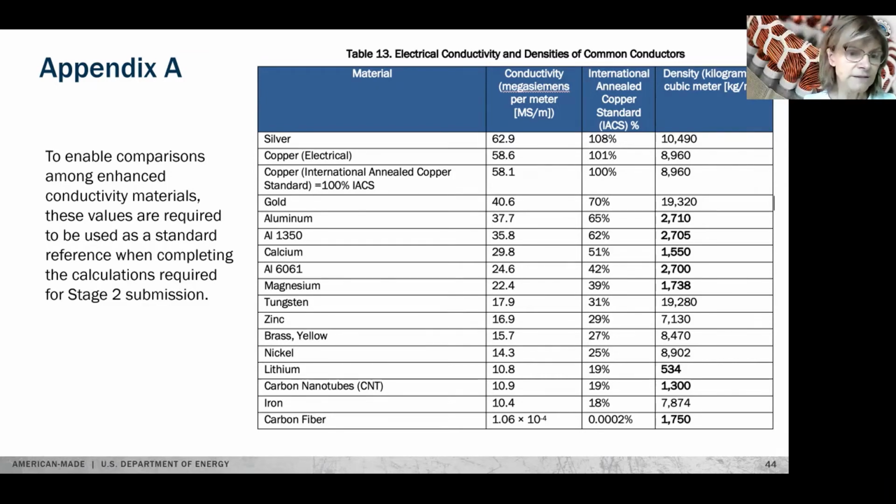So we therefore expect that anyone entering the contest for lightweight conductors might include some of these bolded elements in their material. In general, Appendix A has the bulk electrical conductivity of common conductors, which are mostly metals in pure form unless otherwise noted. These values have been accepted for decades, or in the case of copper, for more than a century.